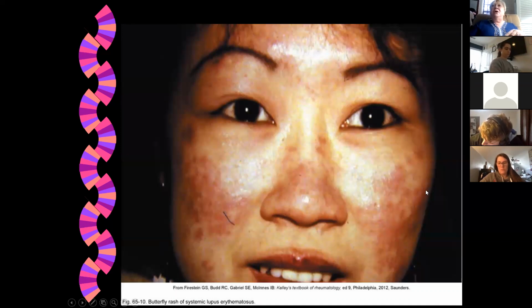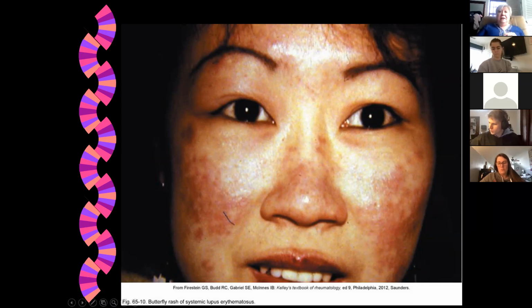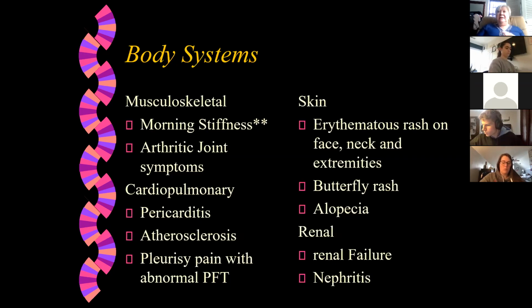Now, a lot of people go to the doctor because they get this red rash on their face and they think they have lupus. But only about 50% of the people have a butterfly rash. Only about 50% of the people have skin symptoms. They also have alopecia, where their hair falls out. I'm going to use my daughter again for an example.